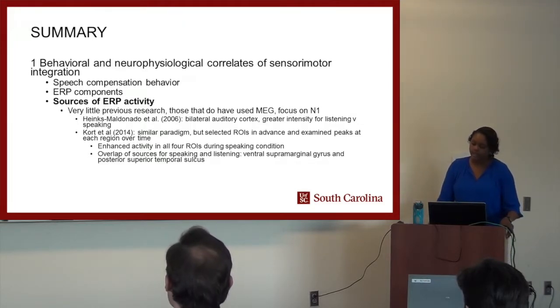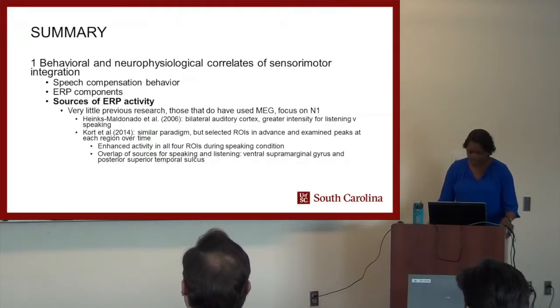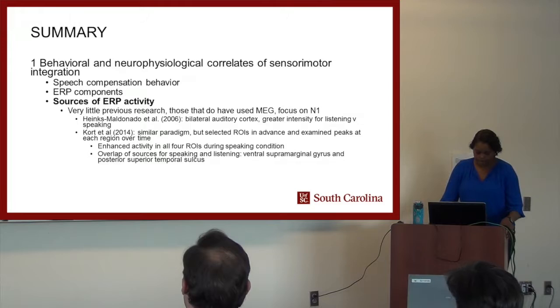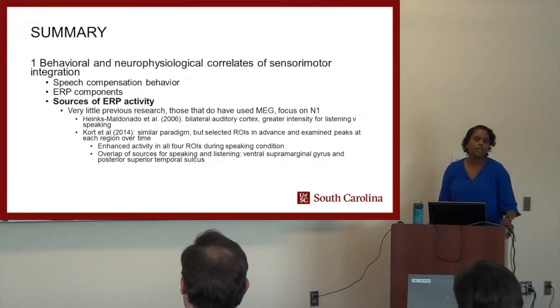And they found enhanced activity in all four of those regions during speaking. But they also found overlap of sources for speaking and listening in the ventral SMG and posterior STS, which may explain why we didn't see differences in a number of our participants.